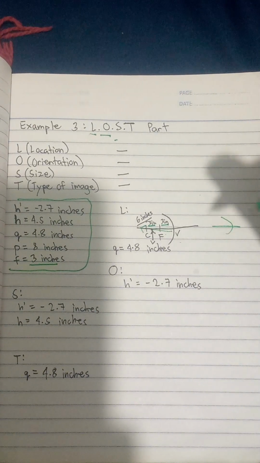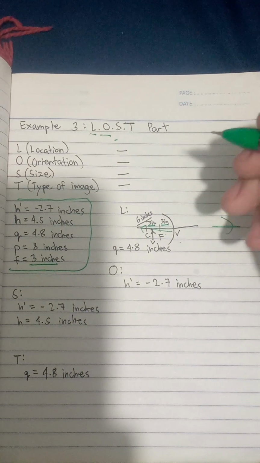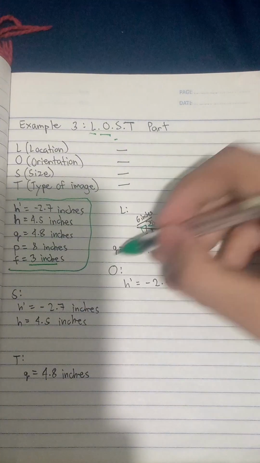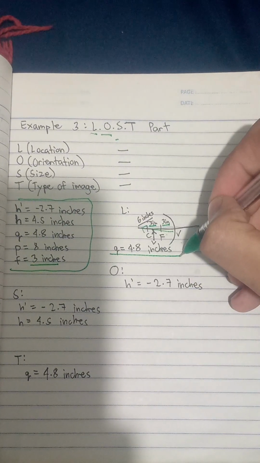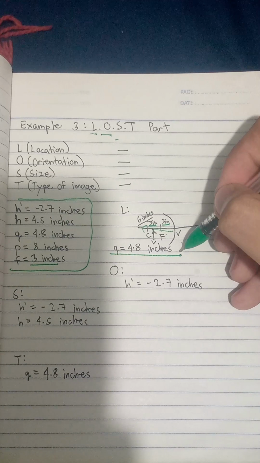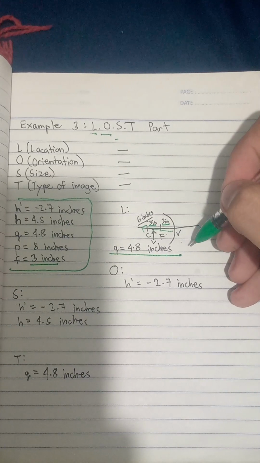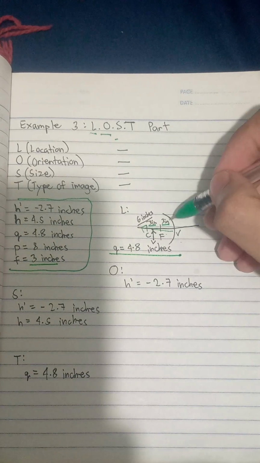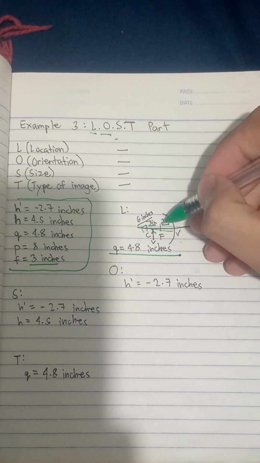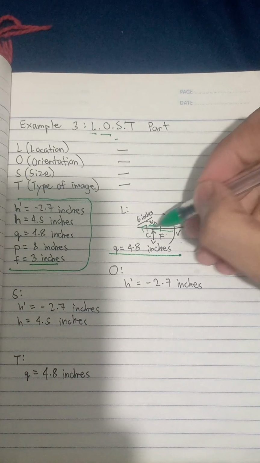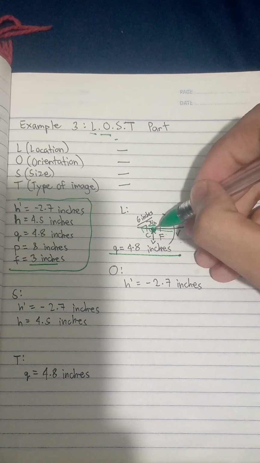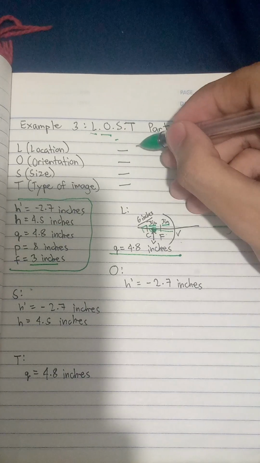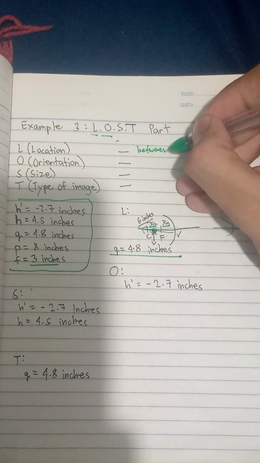So the length from vertex to C is 6 inches, and we use our variable q, 4.8 inches, to locate which part it is. 3 is over V and F, and 4 is over here. So 4.8 inches is somewhere between C and F. So our location is between C and F.